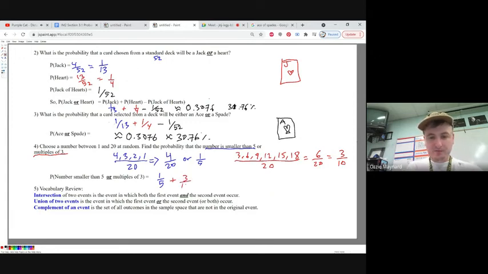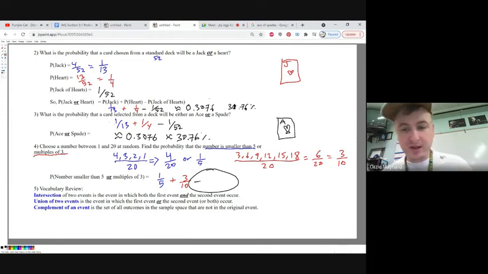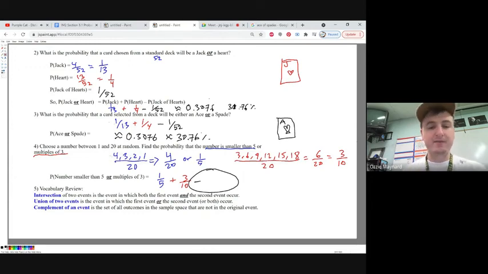3 over 10. Okay, finally, is there any sort of intersection? Is there a number that we have to subtract out? Is there such a number that is both a multiple of 3 and a number that's smaller than 5? So if you look at your options here, which numbers do you see on both? Okay, let's go ahead and circle the 3, which is in both.